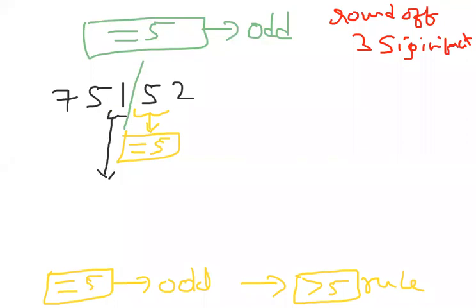That immediate before number is odd. If it is odd, we have to apply the greater than 5 rule.